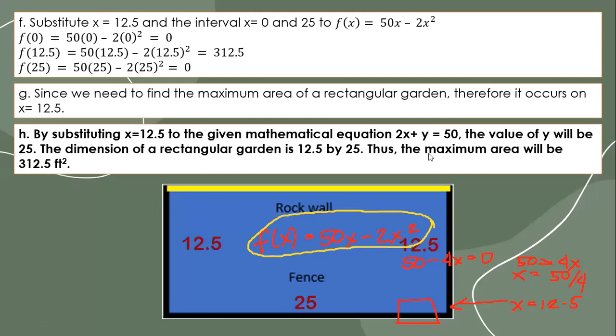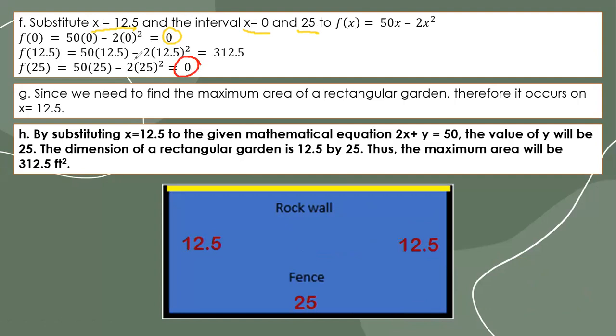Okay, by substituting all those values, yung x is equal to 0, x is equal to 25, x is equal to 12.5, we get, okay, sa una, f of 0, of course, 0 ang sagot, f of 25, 0 din yung sagot. Nung sinubstitute natin yung critical value, which is 12.5, okay, ang lumabas ay 312.5.